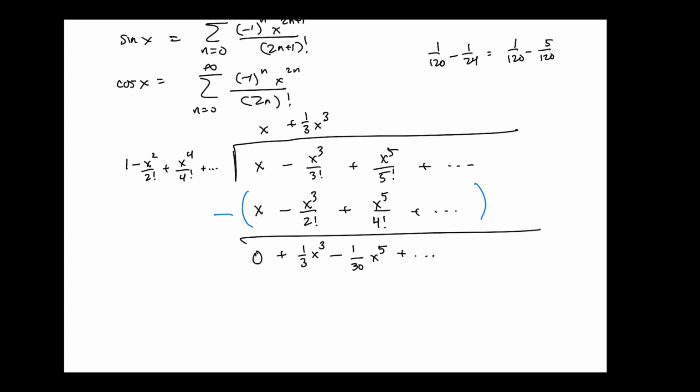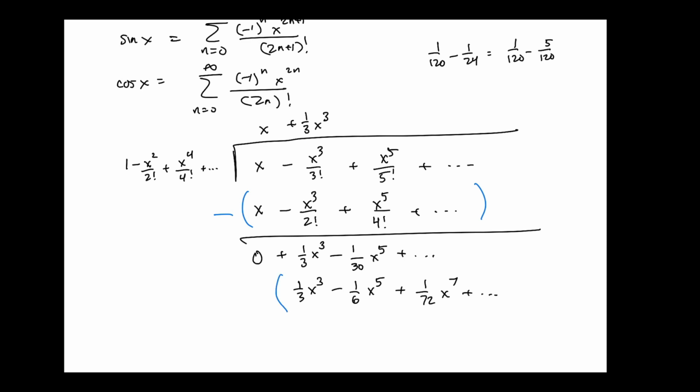All right. So I get 1/3 x cubed minus 1/6 x to the 5th. The next term would be plus 1, what's 24 times 3? 72. Yeah. 1/72 x to the 7th, and so on.